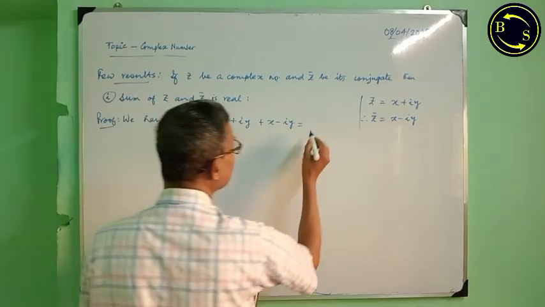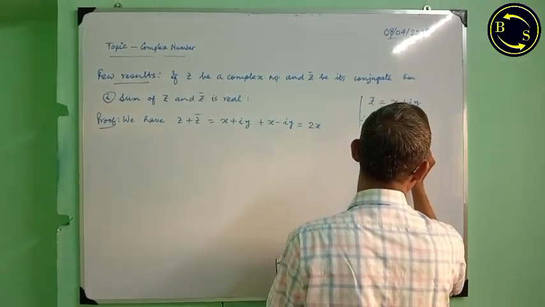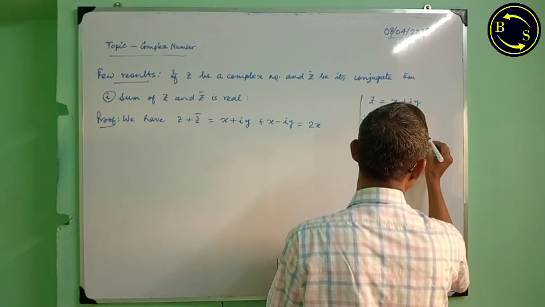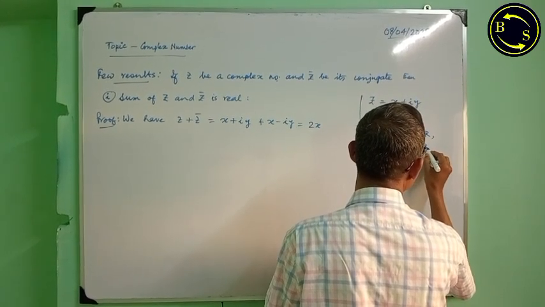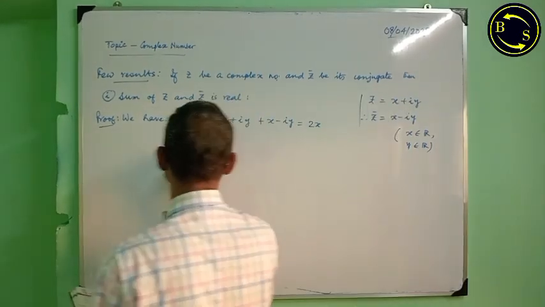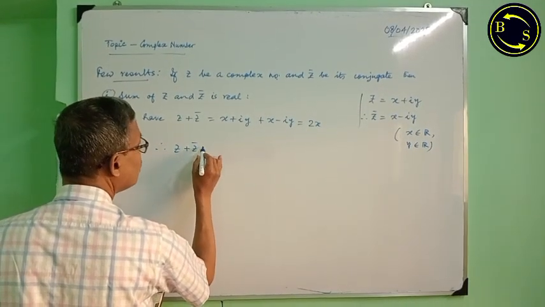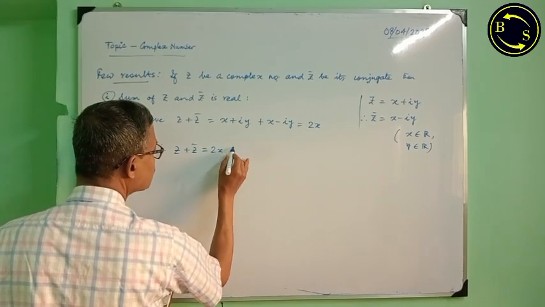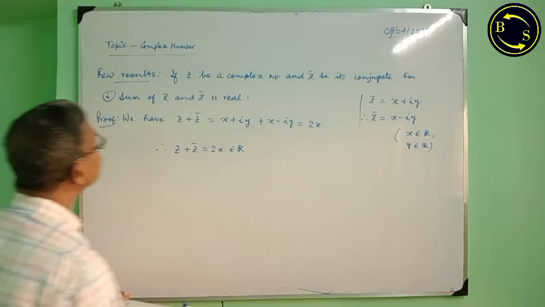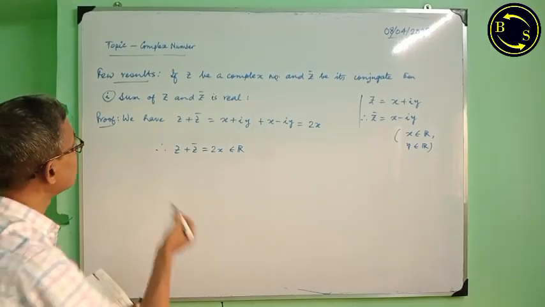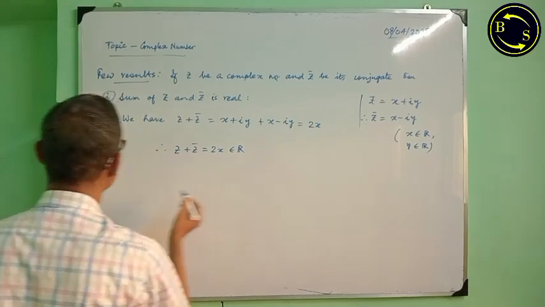After simplification it will be 2x. x is real, y is also real. Therefore, z plus z bar is 2x, which is a real number. Therefore, the result is that z plus z bar is a real number.